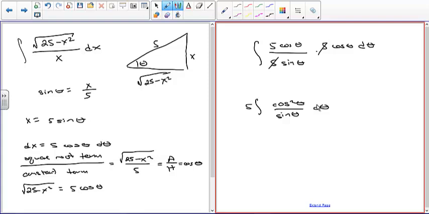What is one thing that we used a lot when we did trig integration? What identity did we use? We used the Pythagorean identity. So I think that sounds like a good idea based on my experience. So what you would do is you replace cosine squared theta with 1 minus sine squared theta.